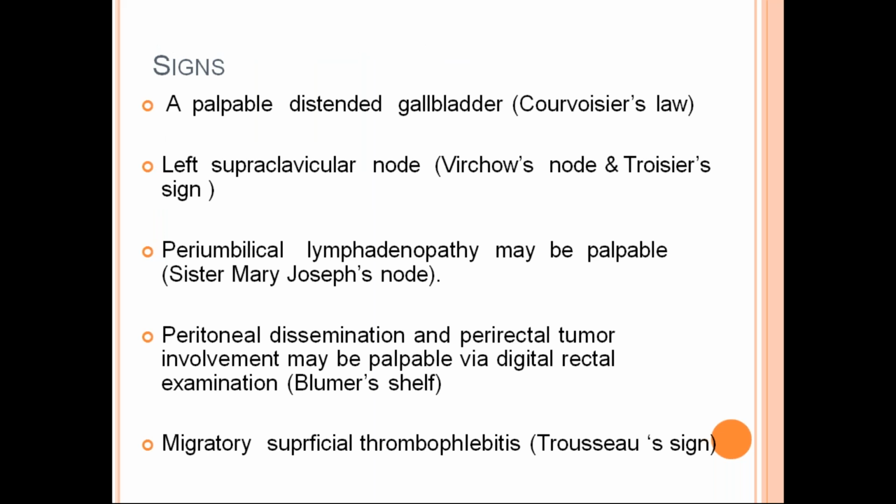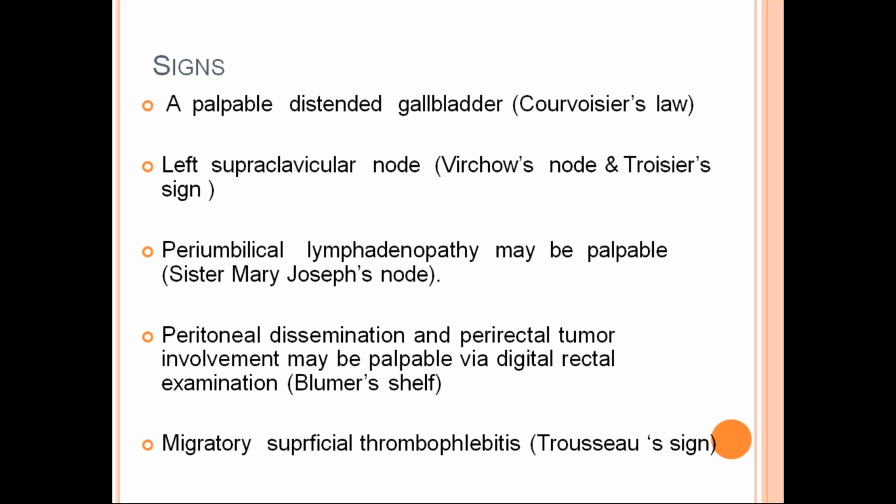So let's see some of the signs. I think you have heard about Courvoisier's law. That means in a patient with jaundice and a palpable gallbladder, the reason is not stones in the gallbladder, but carcinoma of the pancreas or periampullary carcinoma.